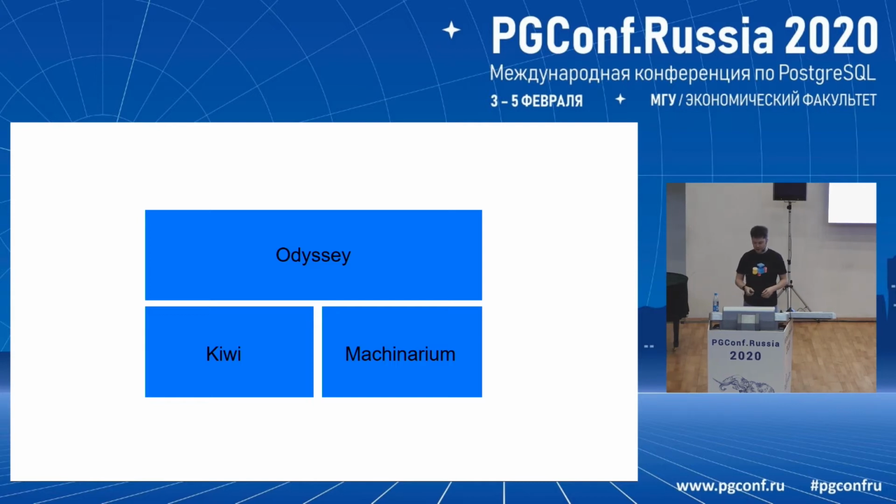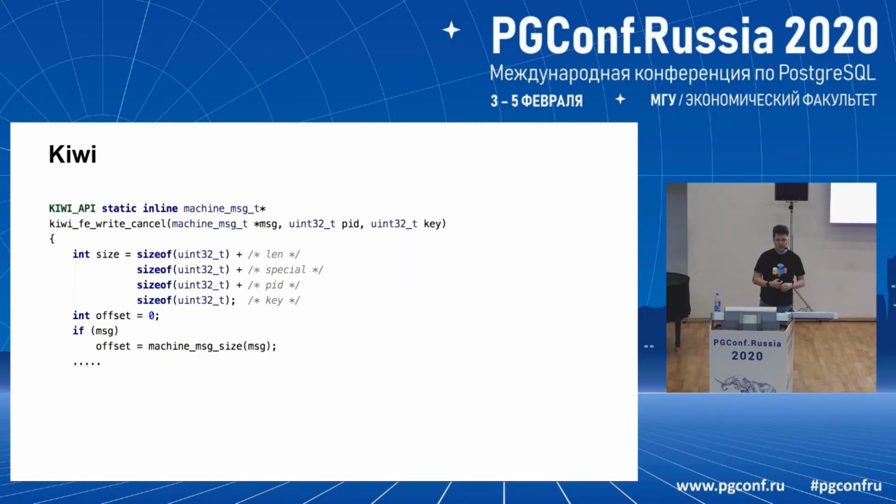One library is called Kiwi, and the second one is called Machinarium. The Kiwi library is processing the standard Postgres protocol. The standard process of message exchange is called a protocol.